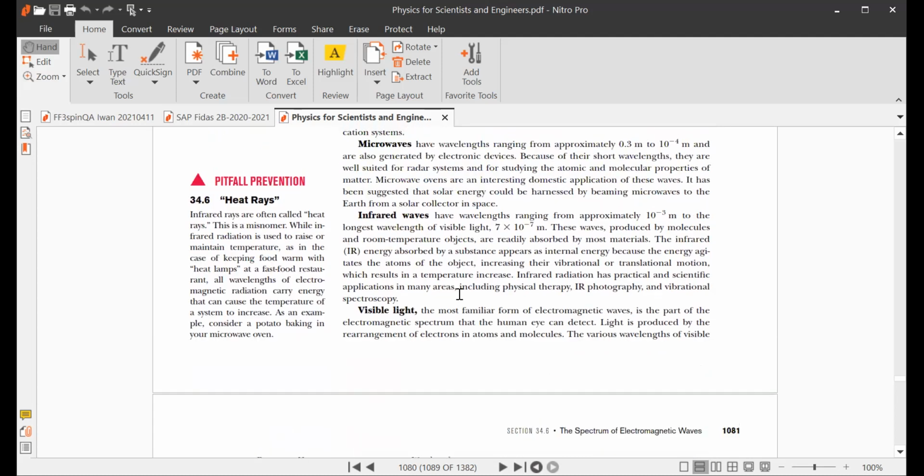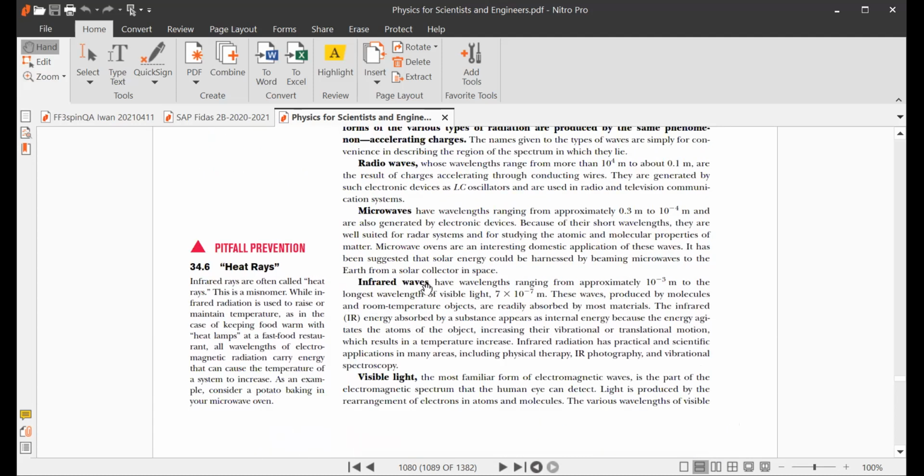The next one is the infrared waves. This is between 10 to the minus 3 meter to 7 times 10 to the minus 7 meter. Infrared means infra, below the red, so below visible light.